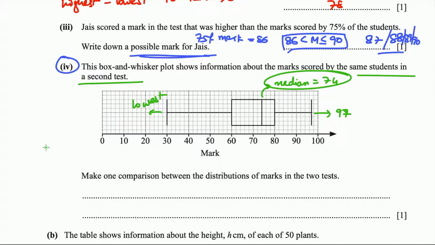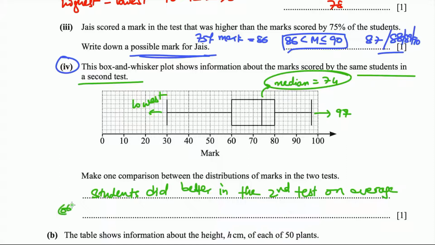So we can either say students did better in the second test on average because the median is higher, or you can also say they scored more consistently. Why do you use the word consistently?